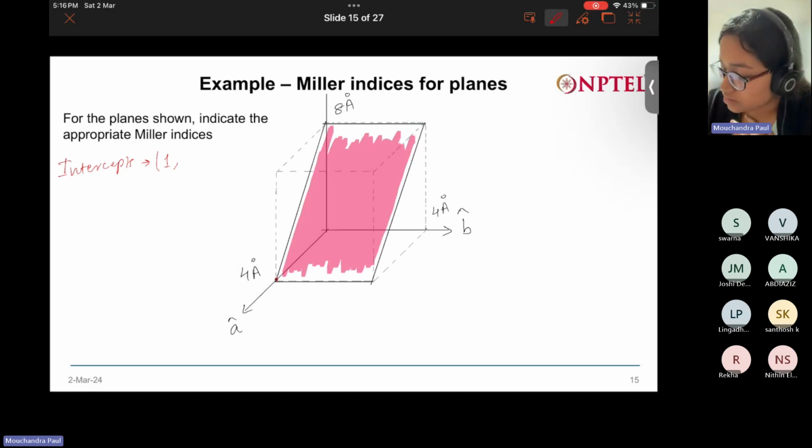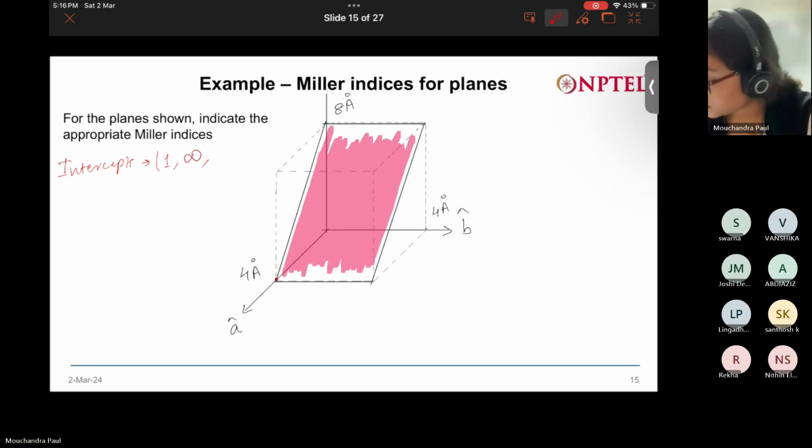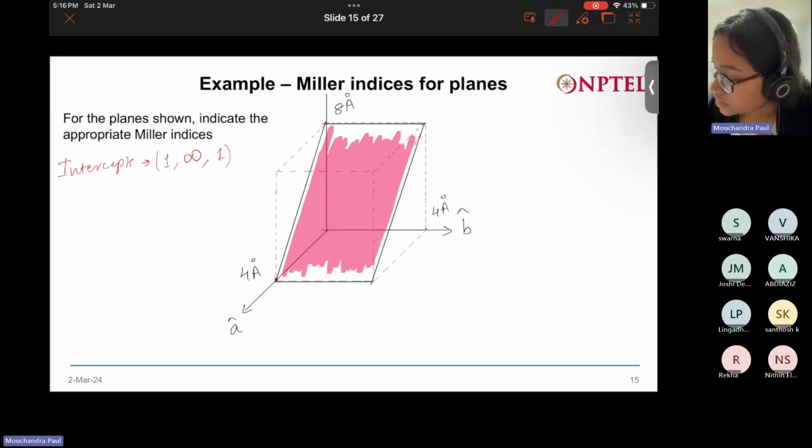So it is parallel, so we take infinity. And it is intersecting at 1 along the z-axis. Take the reciprocal and you will get the Miller index. What will be the Miller index? 1, 0, 1. Understood?